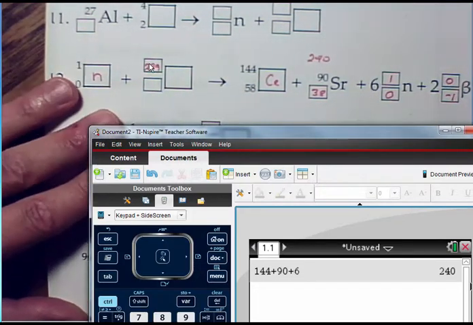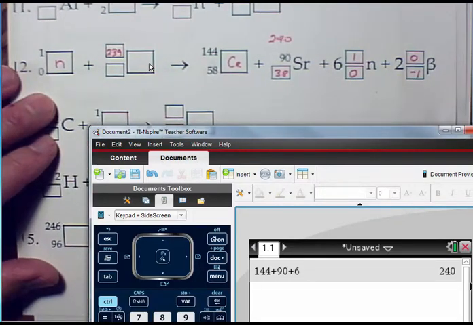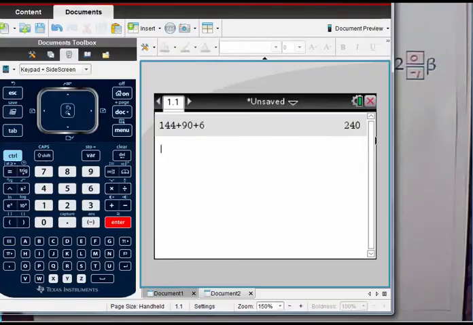Now we're going to do the same thing with the numbers on the bottom, because all we're doing is keeping up with the number of protons on the bottom. So I've got 58, 38, 0, and I've got 2 times -1 down here. So 58 plus 38 plus 2 times -1, which is -2.